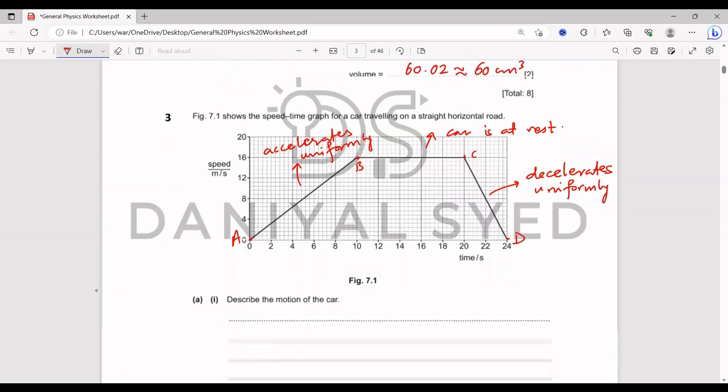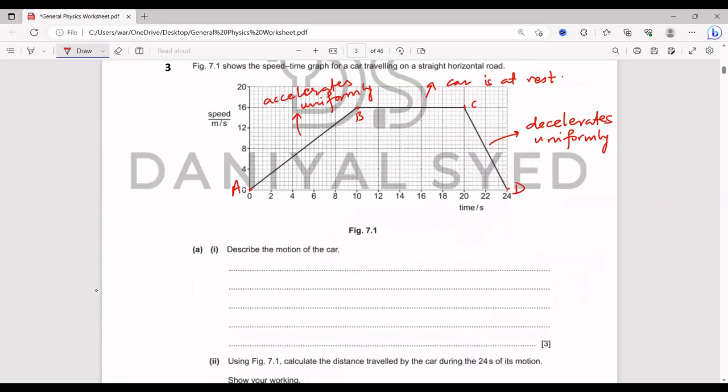Now, describe the motion of the car. So you have to write down: 0 seconds to 10 seconds, accelerates uniformly.